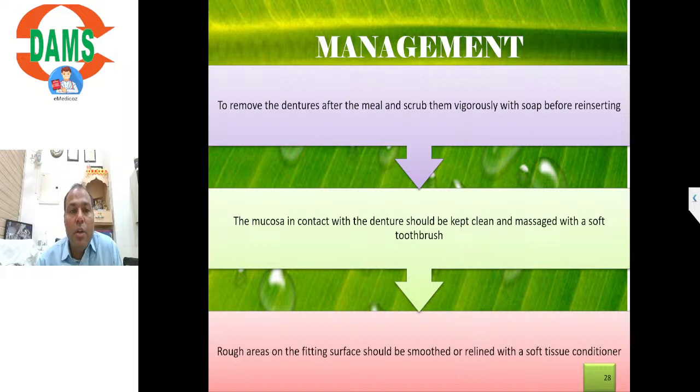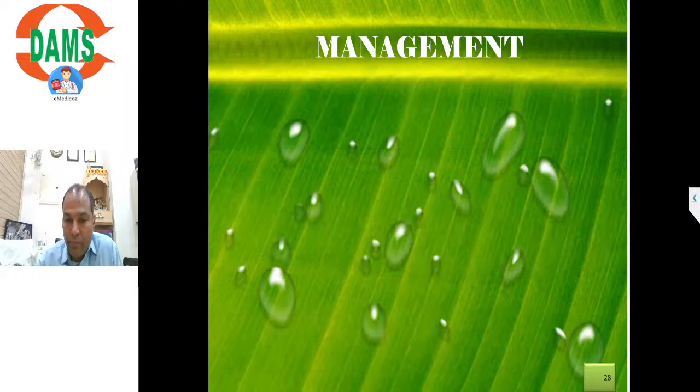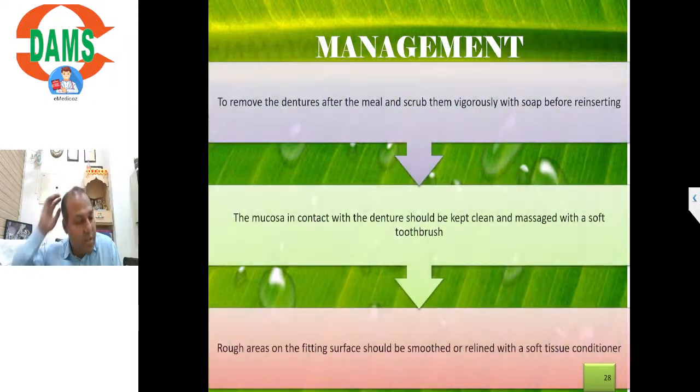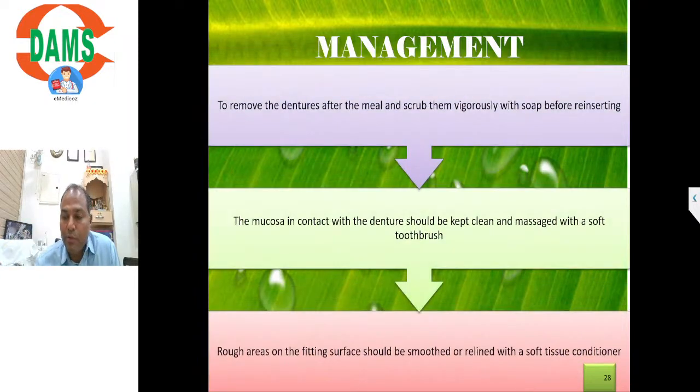Okay, so how to manage it? If you have to manage denture stomatitis, first ask the patient to remove the dentures. Don't wear them. Keep the denture hygiene good. If there is any specific region, kindly treat it. There should not be any traumatic area. Then you can give tissue conditioners.